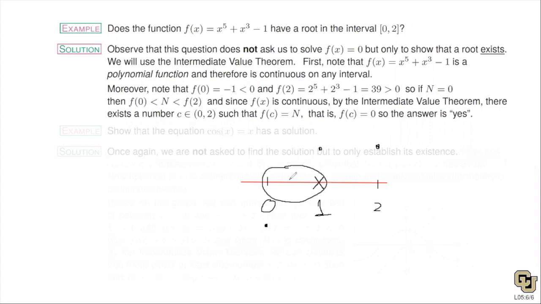And so now I play the game again. You divide this interval in half, check the function value. If it's positive, then the root is between 0 and 1/2. If the function value is negative, then the root is between 1/2 and 1. In this way, you can make the interval smaller and smaller until you get the tiniest interval that contains the root. If the interval is small enough, that'll be a good approximation to the actual root.